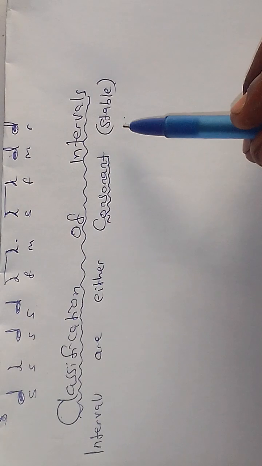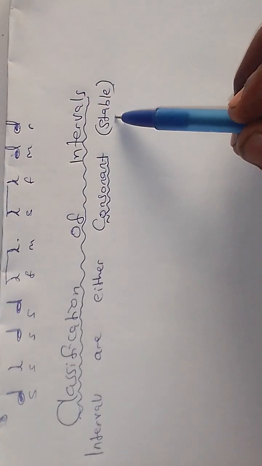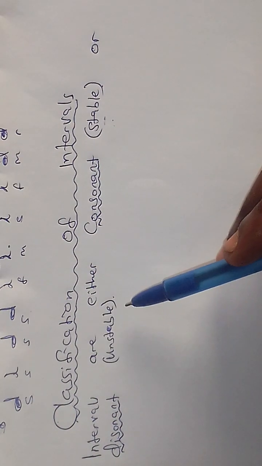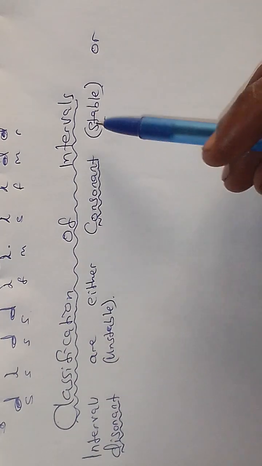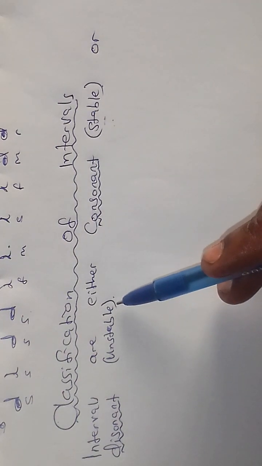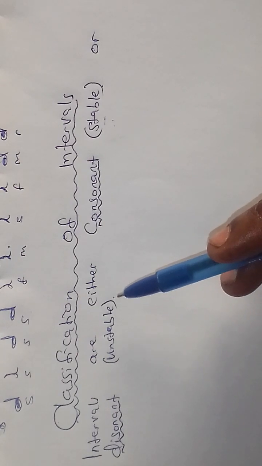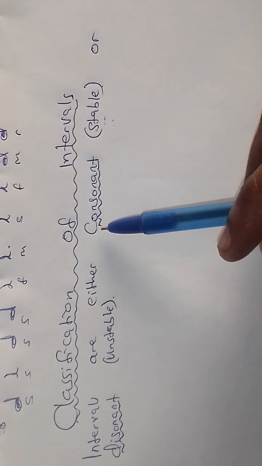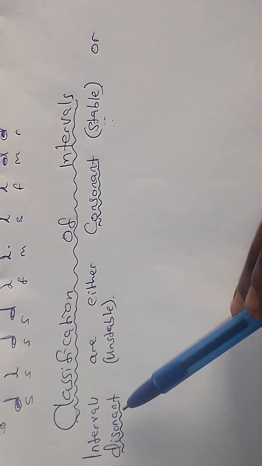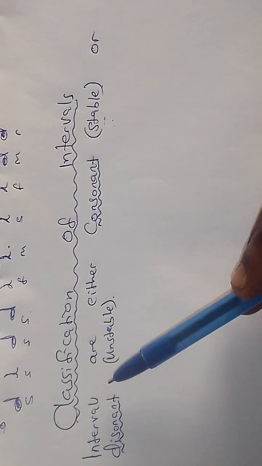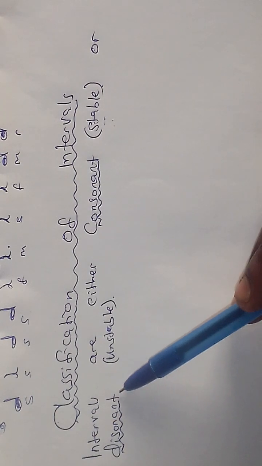The opposite of consonant is dissonant. Dissonant intervals sound harsh, and they tend to resolve to the consonant ones.